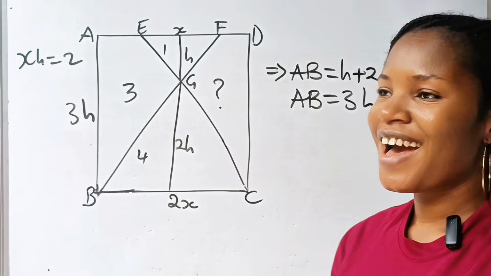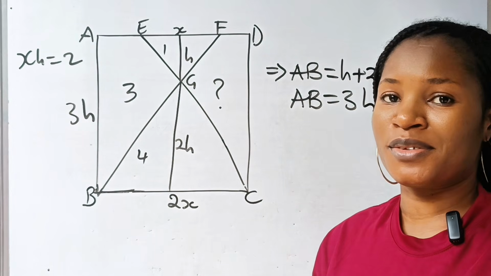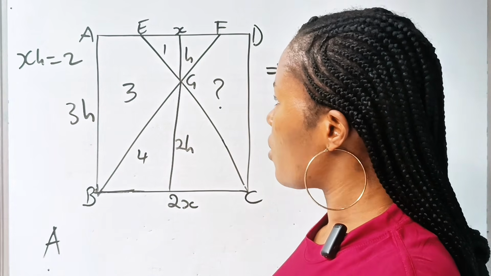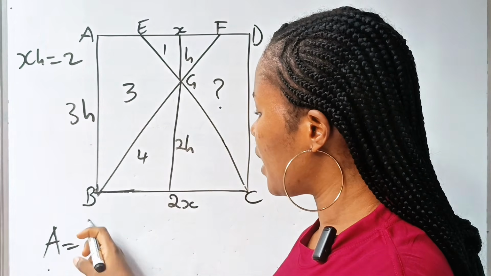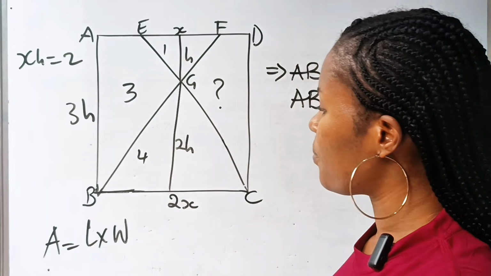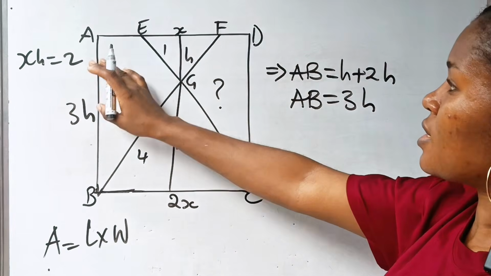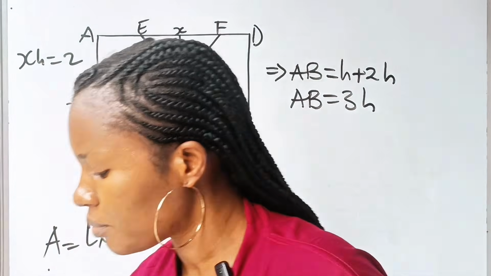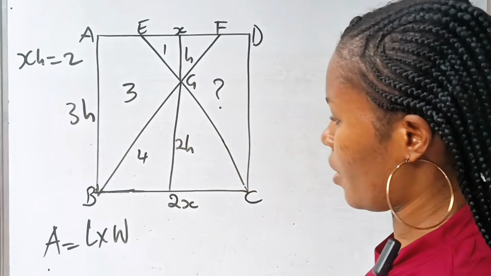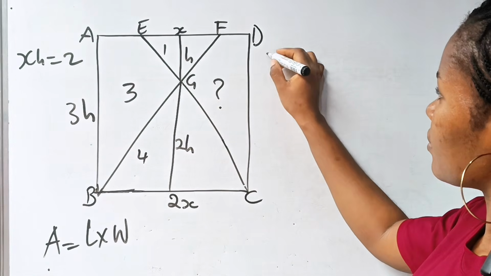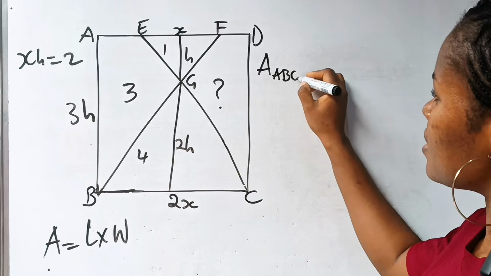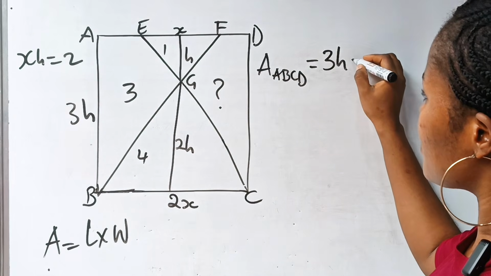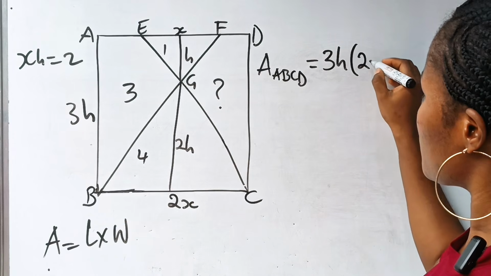We're almost at the end of this video, because remember that the area of a rectangle is equal to length times width, right? So for rectangle ABCD, the area of ABCD will be equal to the length, which is 3h, times the width, which is 2x.